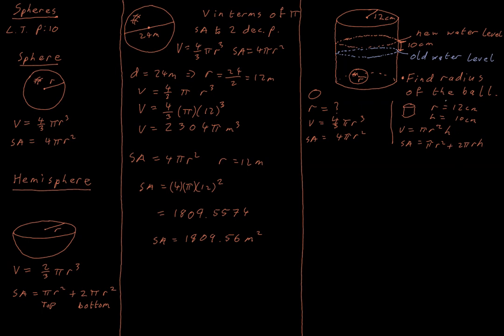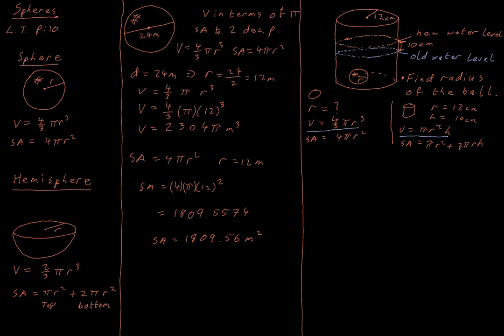So now I have all the information I'm given, and I have all of the formulas that I can use. And what I can recognize logically is that the volume of this cylinder of the new water must be the same as the volume of our bowling ball. So can we use that to figure out our radius that we're looking for?